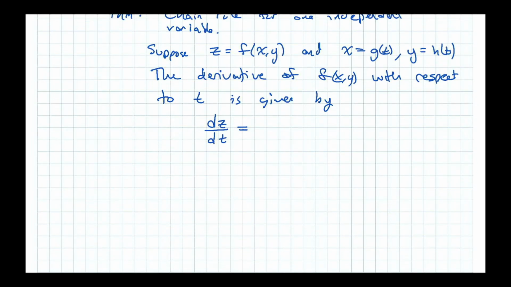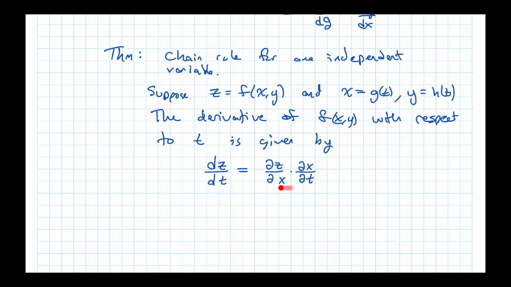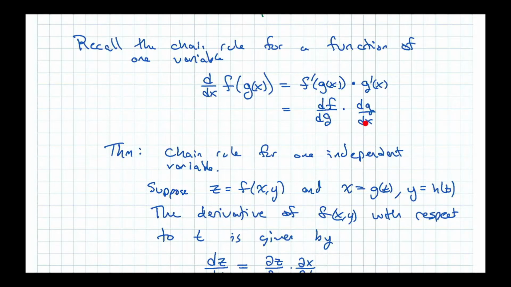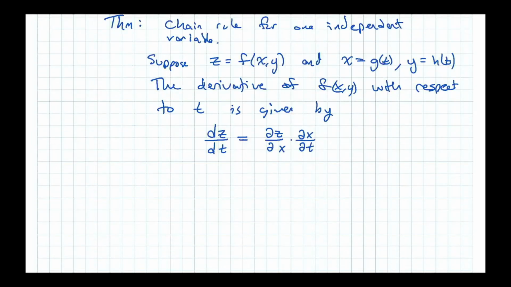So dz dt is the partial of z with respect to x times the partial of x with respect to t. Think of this as being dz dx, dx dt. That actually looks just like df dg, dg dx, which is what you've got for a chain rule. So that looks like the same sort of thing that we've seen before.